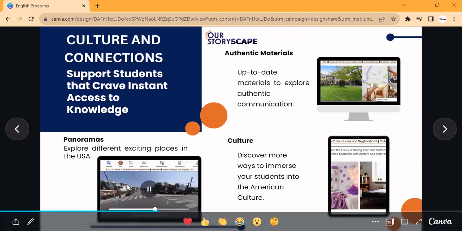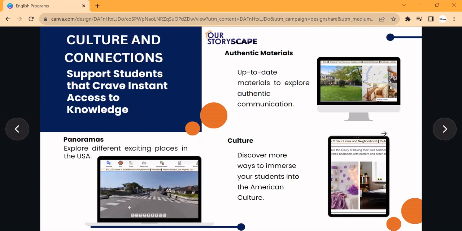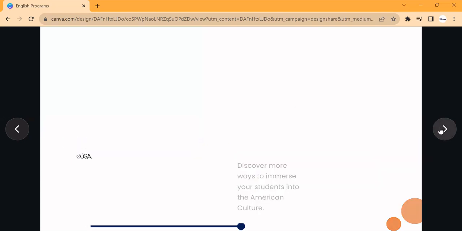This is an example of one of our panoramas that provides students a view of a specific place, and we also use thinking routines because we practice the think: What do you think? What do you want to do? And what questions do you have about a specific topic? So students will be using some thinking routines in that section.